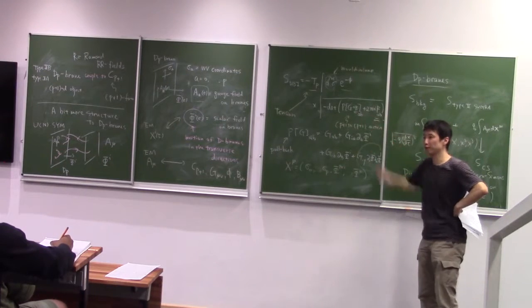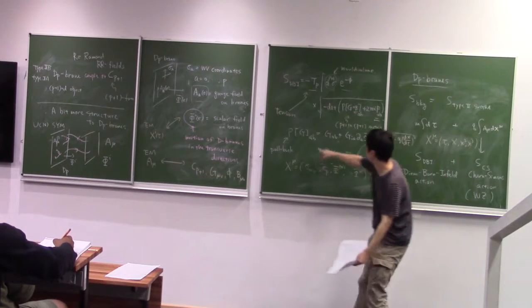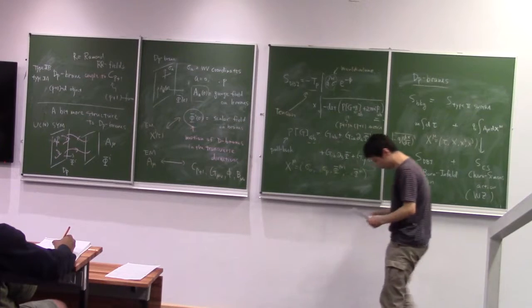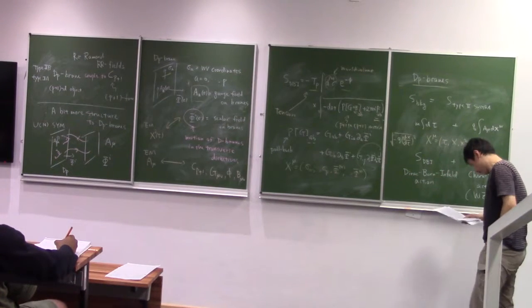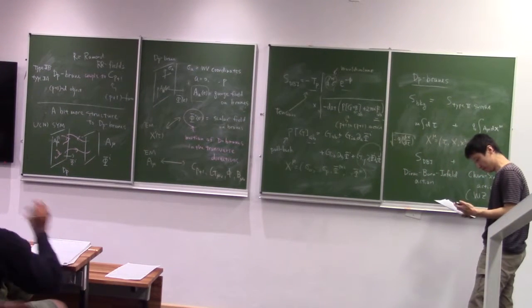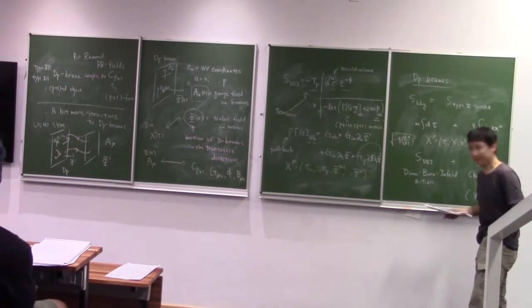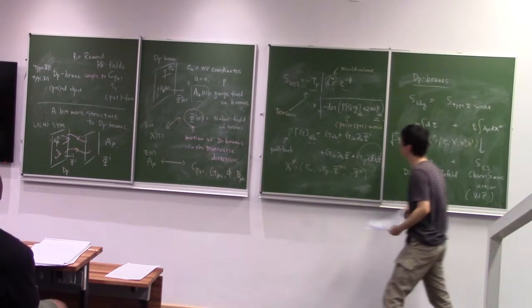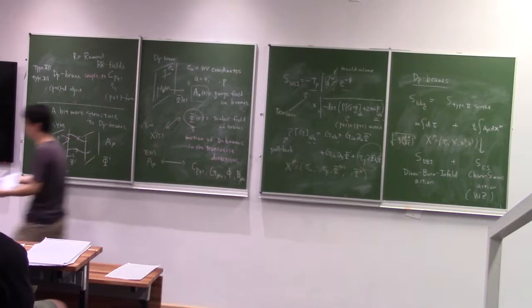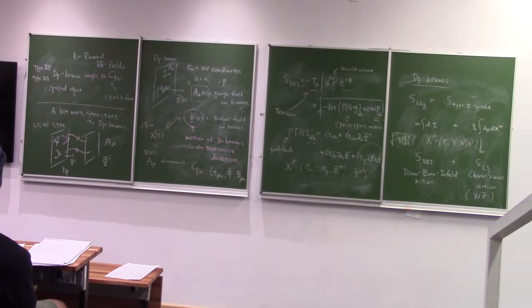So it's the determinant of that matrix because it has indices A and B here. Okay, so now I have to give the Chern-Simons action.